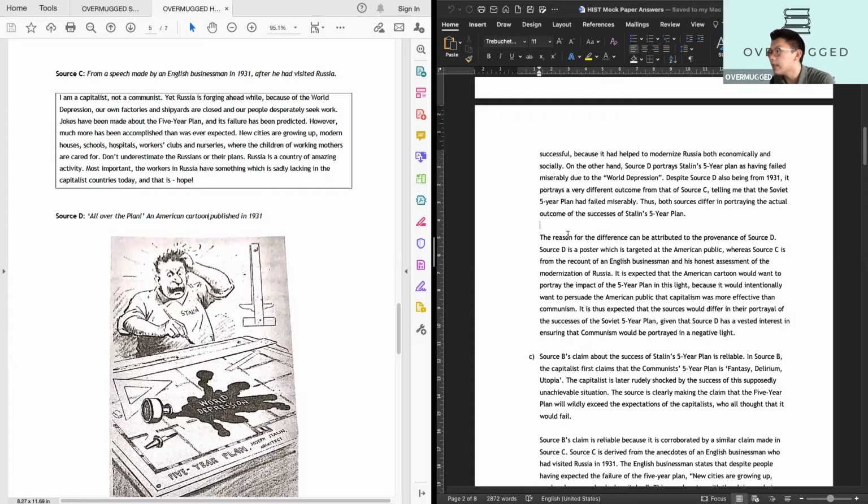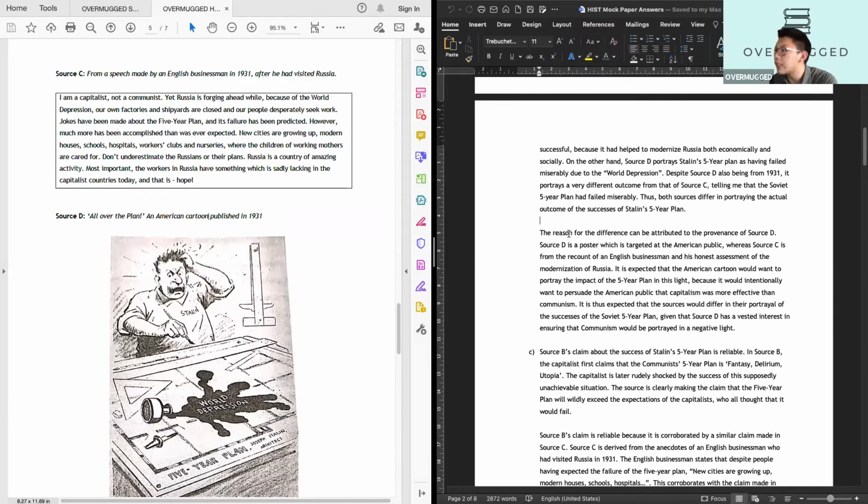It is expected that the American cartoon would want to portray the impact of the 5-year plan in this light because it would intentionally want to persuade the American public that capitalism was more effective than communism. Thus, it is expected that the sources would differ in their portrayal of the successes of the Soviet 5-year plan, given that source D has a vested interest in ensuring it's portrayed in a negative light.